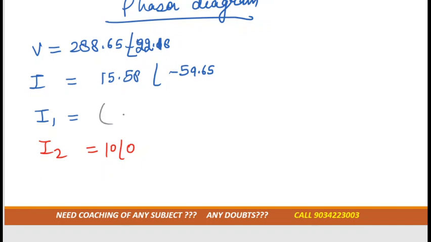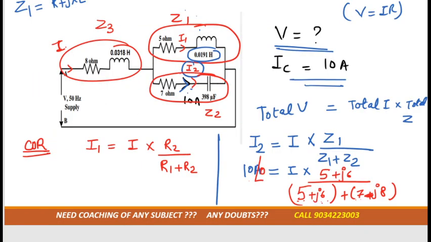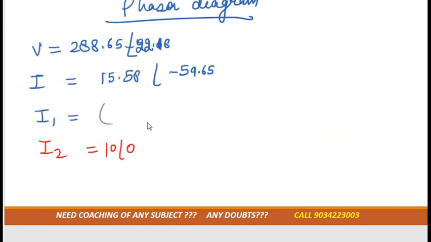Suppose I1 is getting, it is L now, so in the case of an inductor, current is lagging, right? Current is lagging means it is behind. So suppose I get the value 12.48, angle would be minus 50 something.